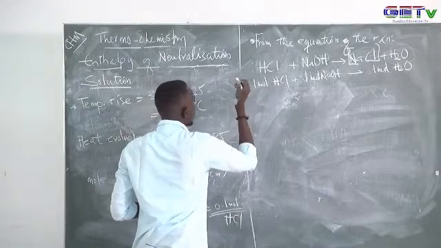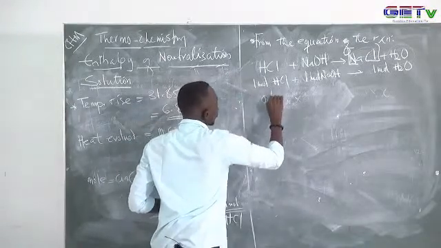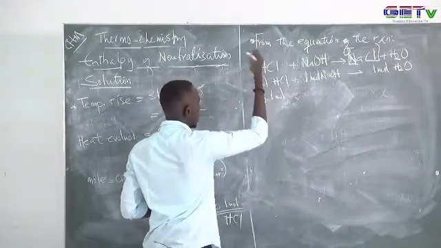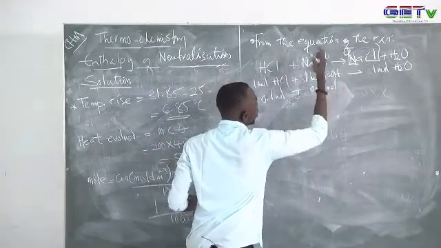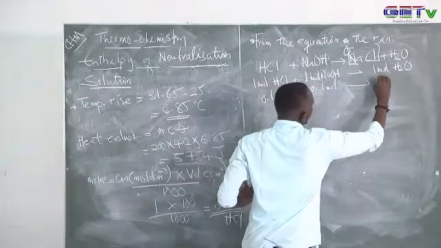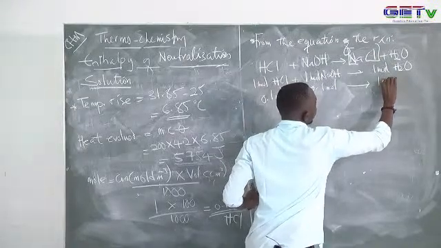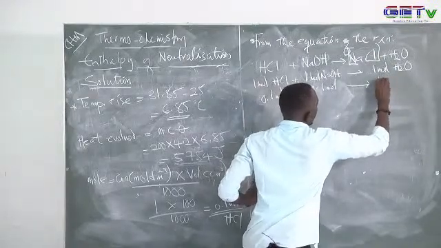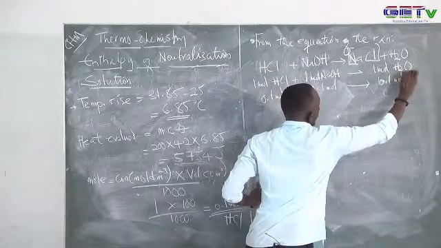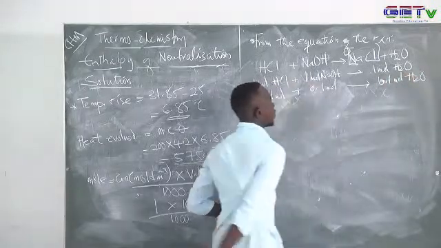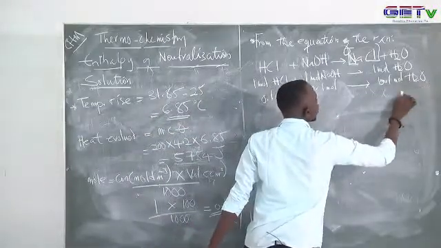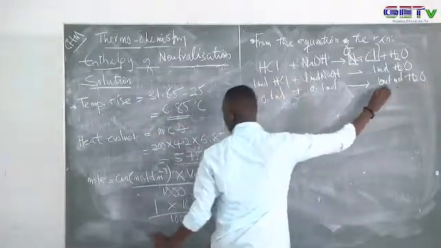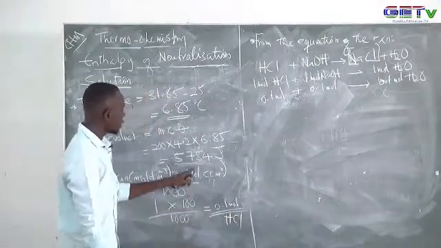Therefore, 0.1 mole of this acid reacted with 0.1 mole of this base, and they end up forming 0.1 mole of the water. So this is the mole of the water in the reaction that has produced this energy.